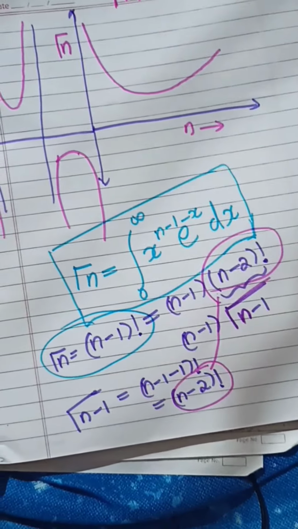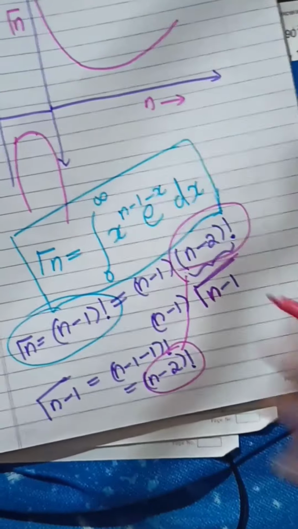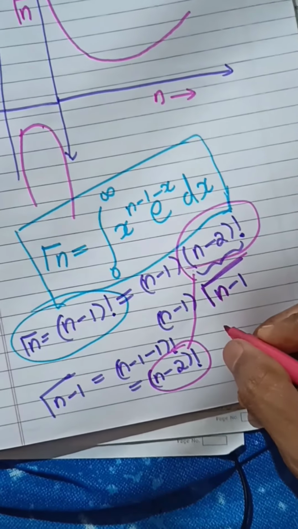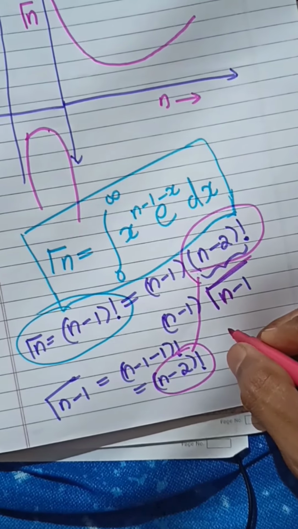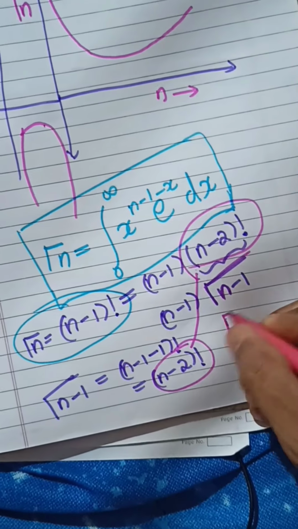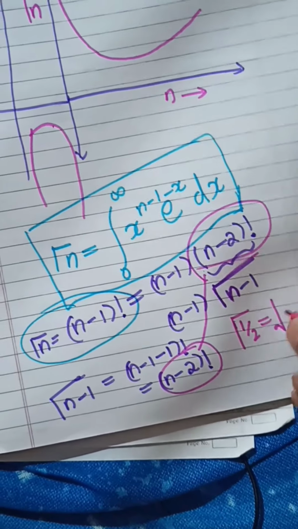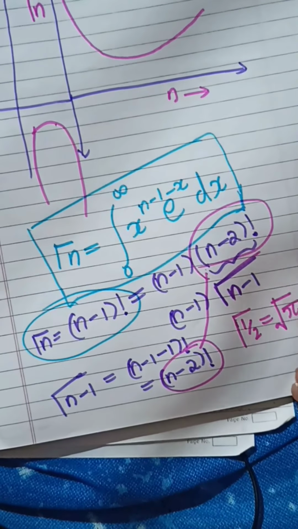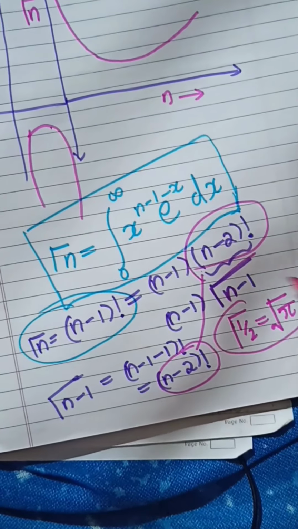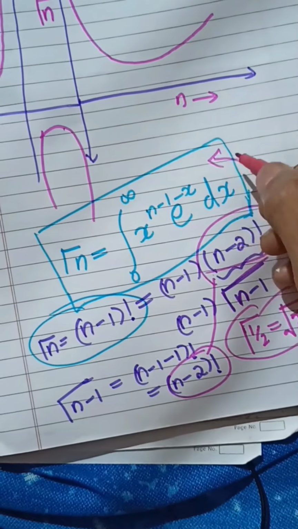And we have another formula, that is Γ(1/2) is equal to root pi. We get this result from this integral.